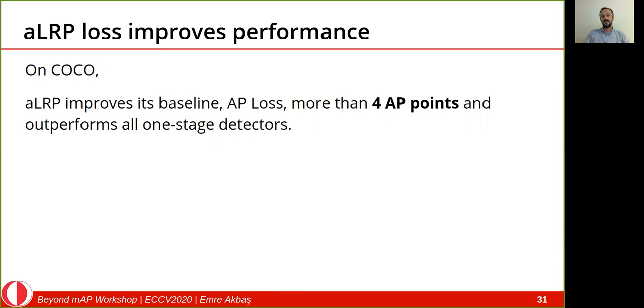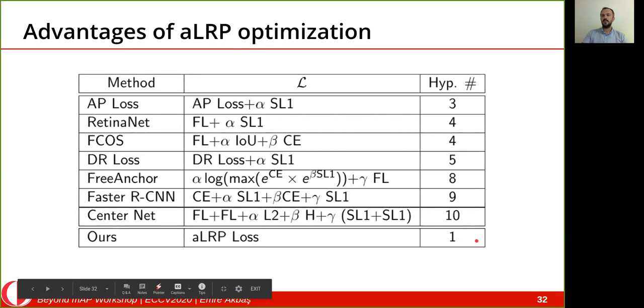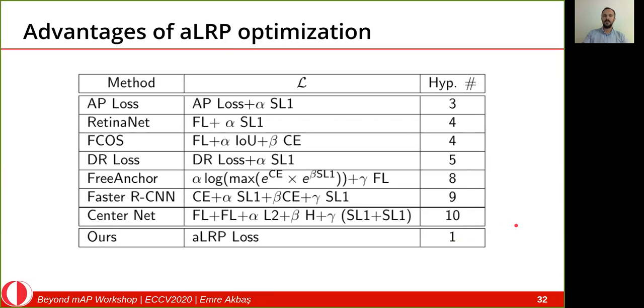And there is not only this performance improvement, there are advantages to ALRP optimization. One of them is the number of hyperparameters. This table shows you the loss functions of many state-of-the-art object detectors. And as you can see, the number of hyperparameters is large. Compared to these methods, ALRP loss has only one hyperparameter.